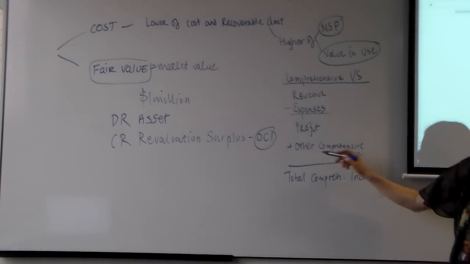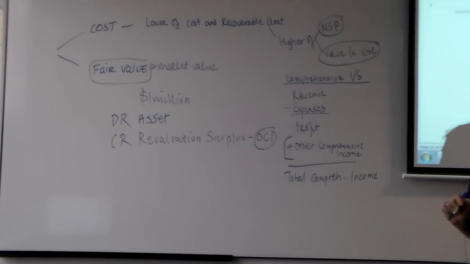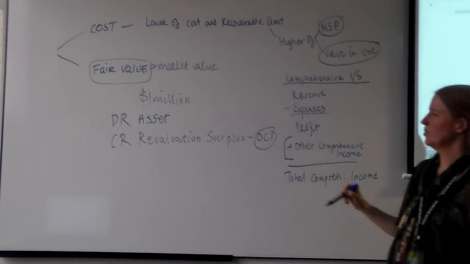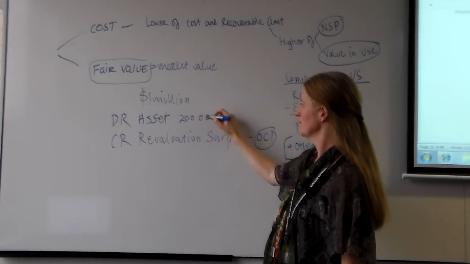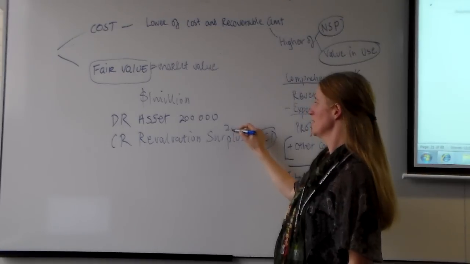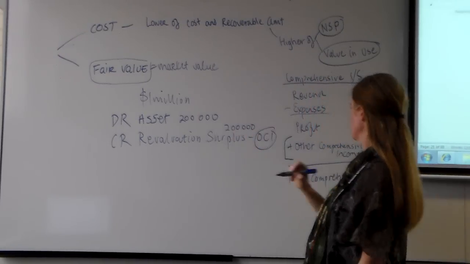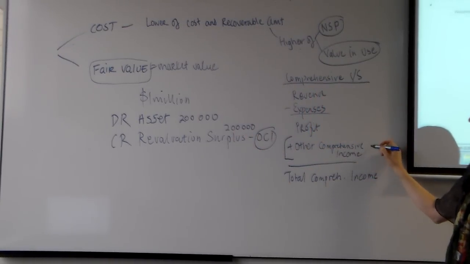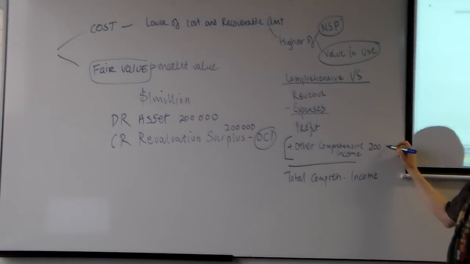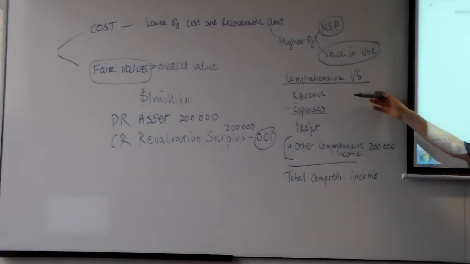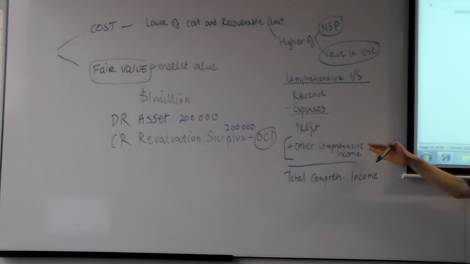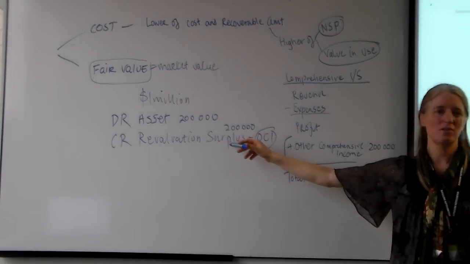So basically we've got an add-on, and it's this bit here. If we, for example, had increased the asset by 200,000, ignoring tax, revaluation surplus is 200,000, we would have 200,000 coming in here under other comprehensive income. So it's not going to be a gain which comes over here. It goes straight to the equity section of the balance sheet, and this forms part of the equity.